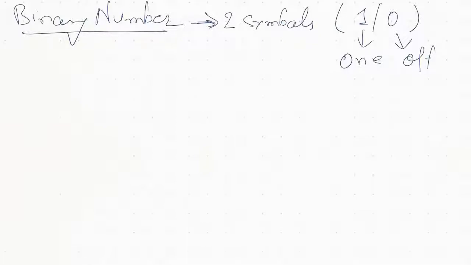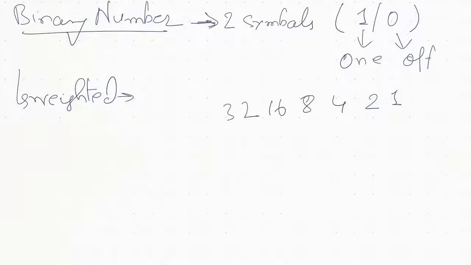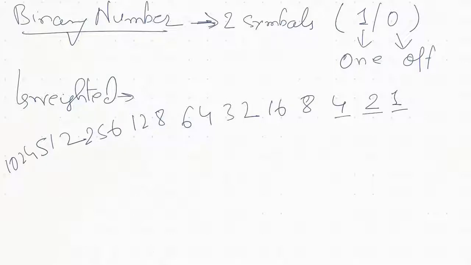Okay, it is also a weighted code. The positional values are 1, 2, 4, 8, 16, 32, 64, 128, 256, 512 and 1024. Now these positions can be used to easily calculate or convert from decimal to binary and back and forth, so we will look at them later on.